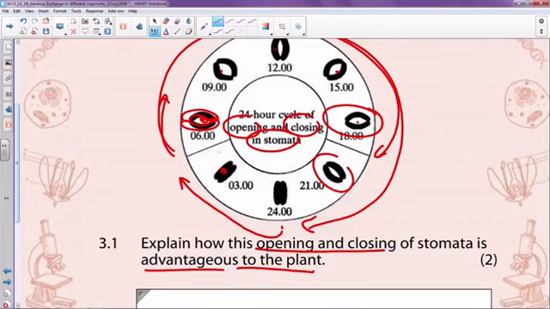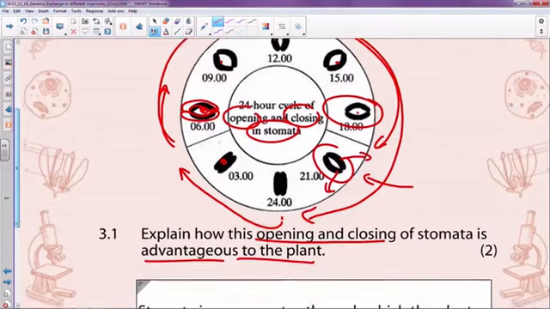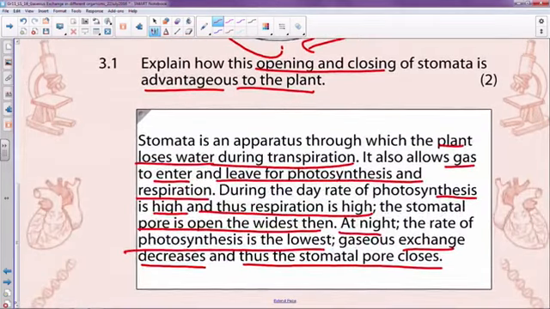However, at night, when photosynthesis stops, the glucose present in the guard cells diffuses out, decreasing the concentration of ions in there, causing them to become flaccid and hence closing the stomatal pore. So that's due to the presence and absence of glucose along with potassium ions.